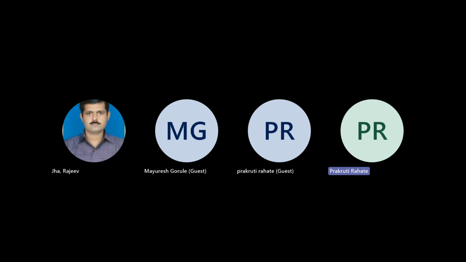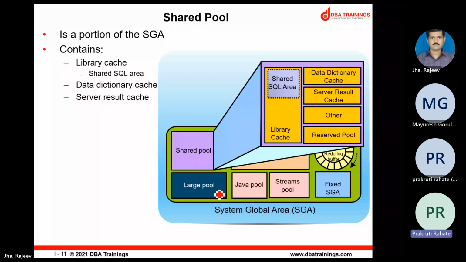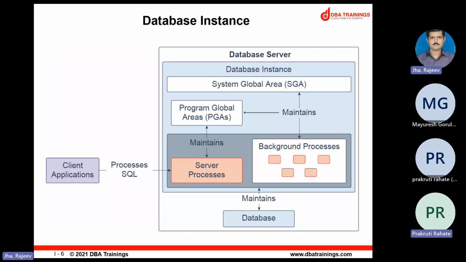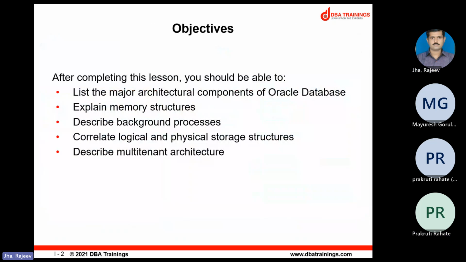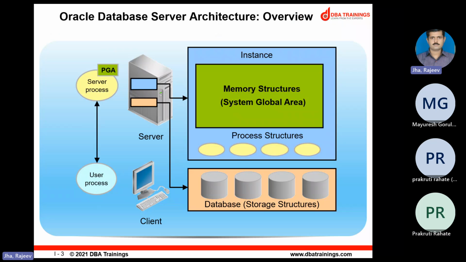Today we only covered the SGA part, instances, and the working of the processes, how communication is going on between them. Correct. So as of now, we talked about the objective and the Oracle Database Server architecture.